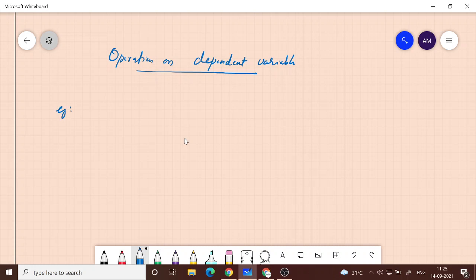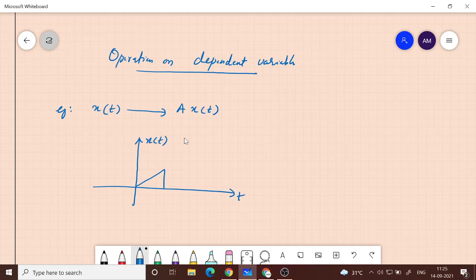I will just take examples directly. I have x of t, and I want to multiply it with a constant. Let me take an example: this is my x of t, 0, and this is equal to 1, and here let's take it 1.